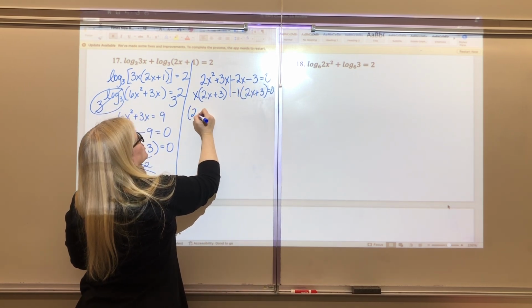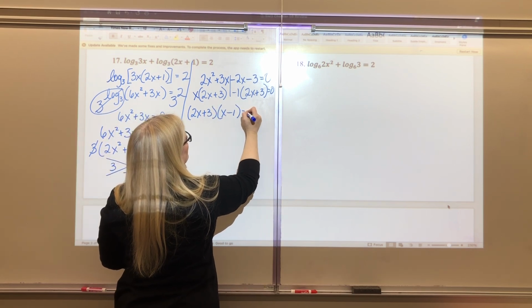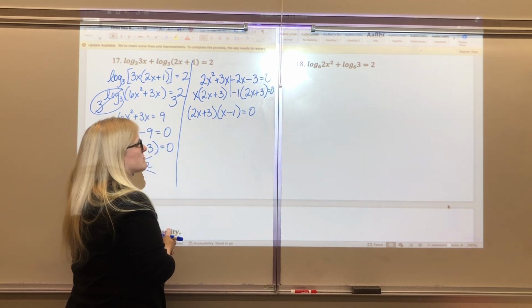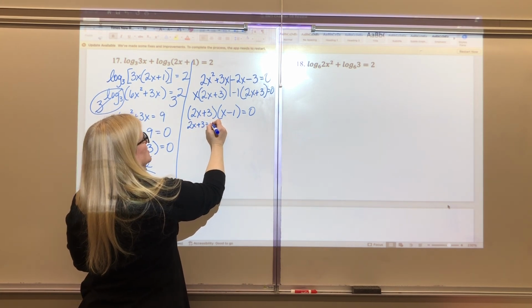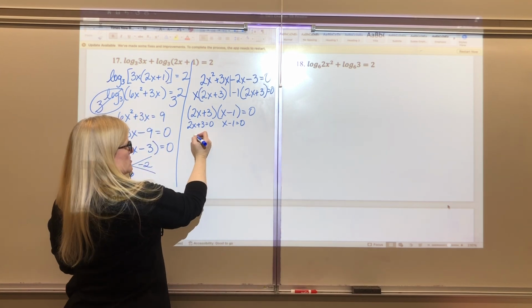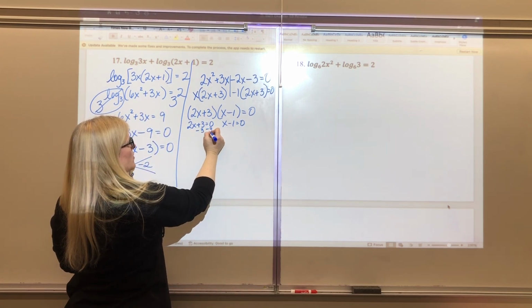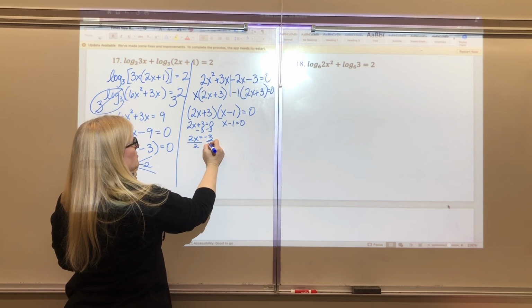So now I have 2x plus 3 times x minus 1 equals 0. If I set each one of these equal to 0, I'll get my answers. So this one, if I subtract 3 from both sides, 2x equals negative 3, divide by 2.